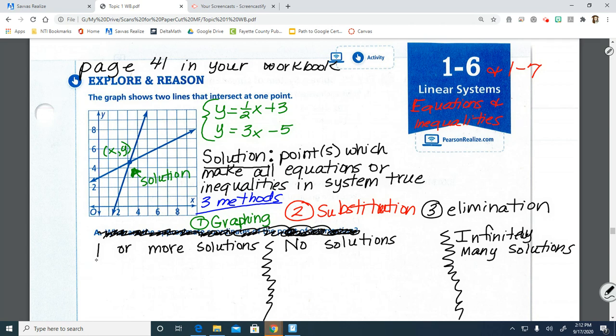Now the graph of a system that has one or more solutions, if I were to graph that, what you would see on the graph is intersection points. It might be one point, might be more than one, depending on what types of functions are in your systems. If we're doing linear systems, we would only have one point.